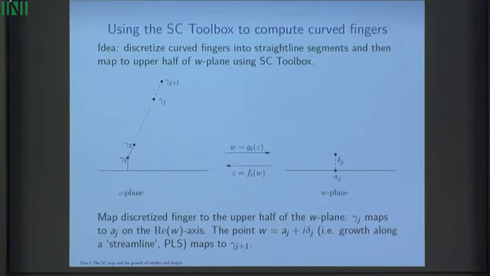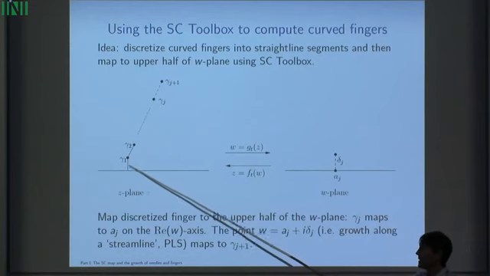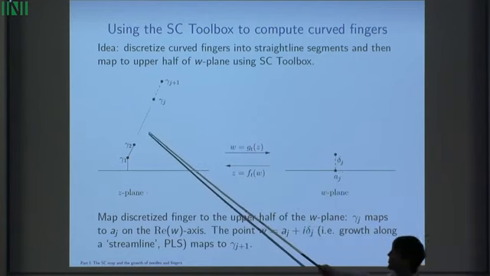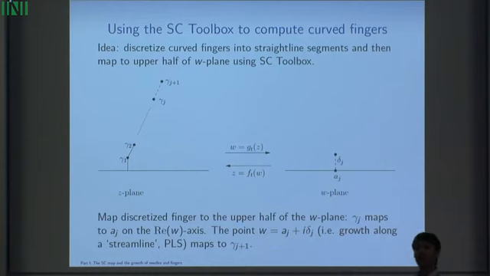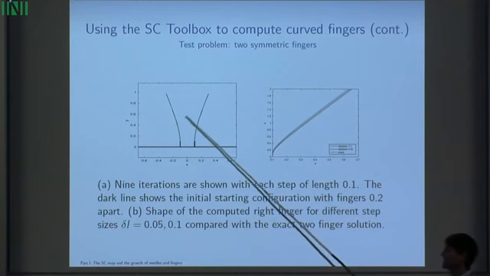We can chop up a curved finger into straight line bits, and then once we have, say, a first couple of segments, that's again a polygon, we can map in the same way, and we can use this idea of local symmetry to find the direction and length of the next segment. So applying that procedure, we can test it against the 2-finger problem for which we have an exact solution.